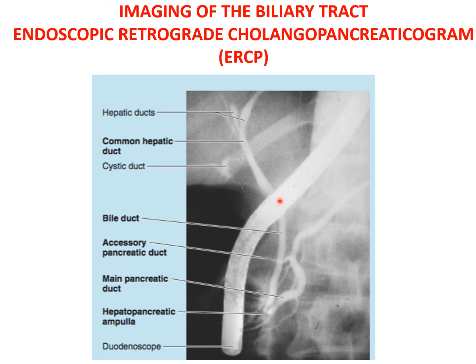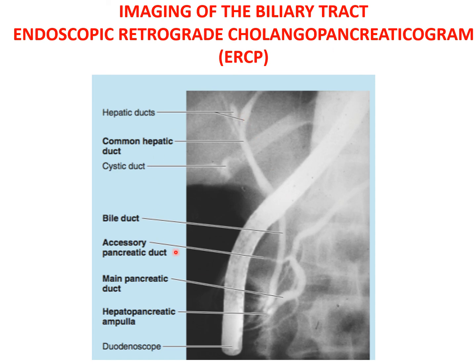Then the duodenum is entered and a cannula is inserted into the major duodenal papilla. And then it is further advanced under fluoroscopic control into the duct of choice, that is bile duct or pancreatic duct, for injection of radiographic contrast medium. Then the duct which is of choice is visualized.